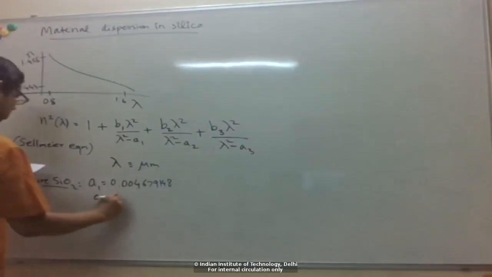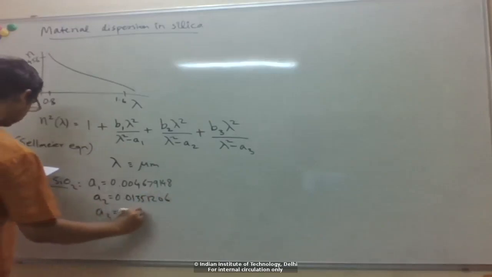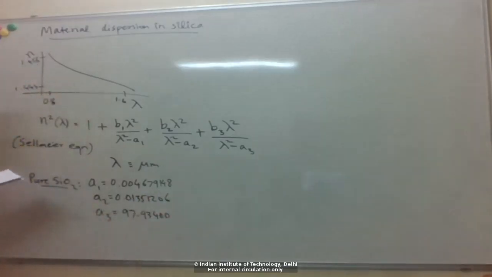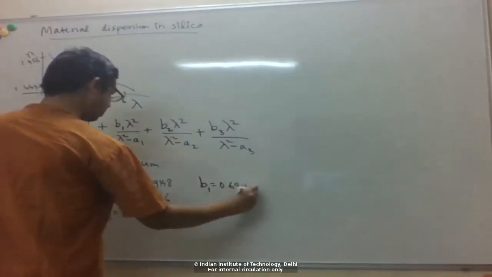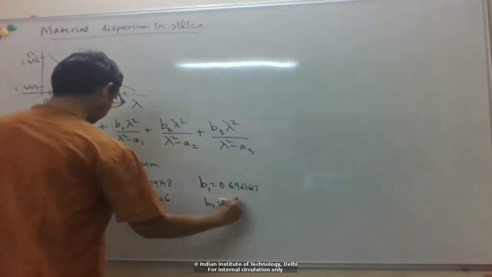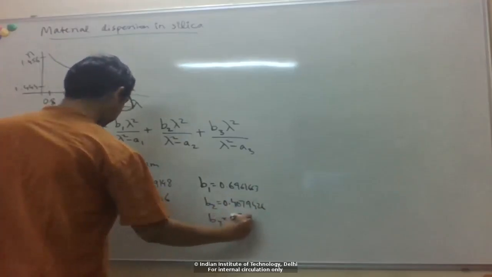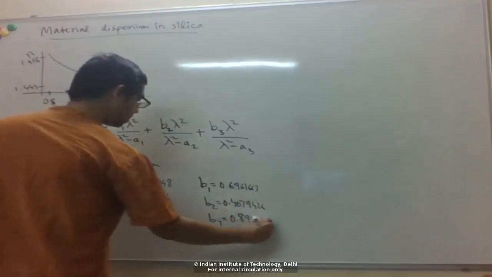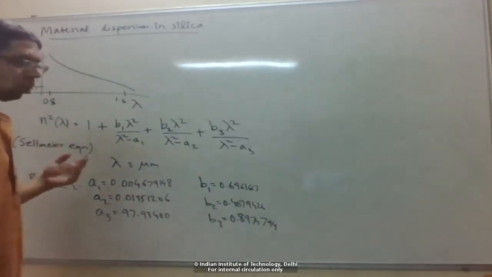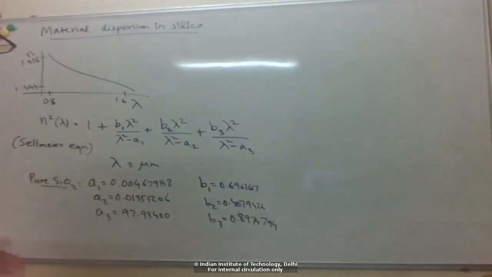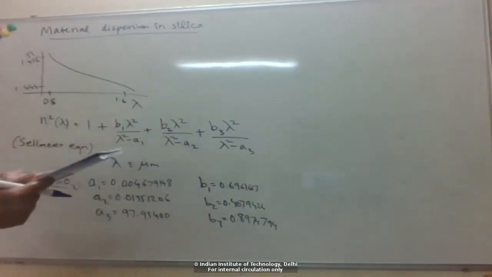So for A2, similarly B. Almost every material under the sun has been modeled, and these constants have been found for pretty much any material you can think of.